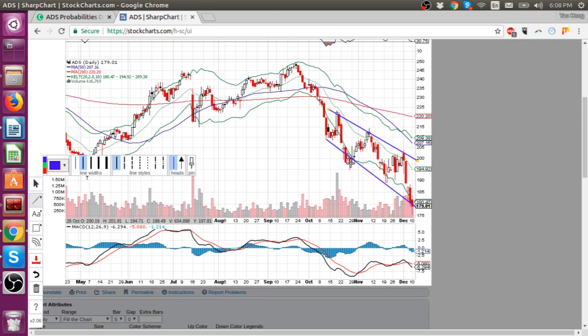Every time it hits this straight line, it bounces back up. So hopefully, now that it hits this straight line, it's going to bounce back up in the next few days. And the same holds true for the resistance line here.